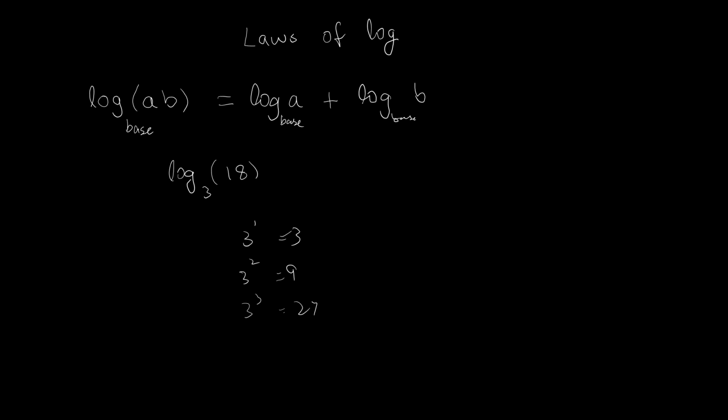But you can use the product rule to get a simplified answer. That is, you can write it down as 9 times 2. The benefit is that now you can separate them, and you know the log base 3 of 9. So the answer would be 2 plus log base 3 of 2.